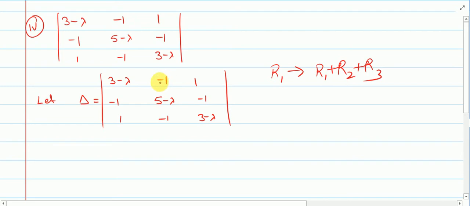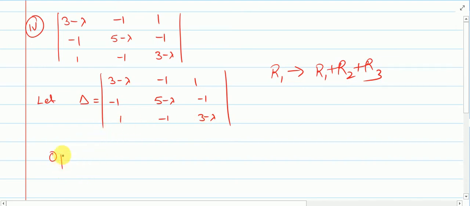In this case, minus 1 plus 5 minus lambda, and plus minus 1, you will be getting 3 minus lambda. Here also 1 plus minus 1 plus 3 minus lambda, you will be getting 3 minus lambda. So we will be getting something common.